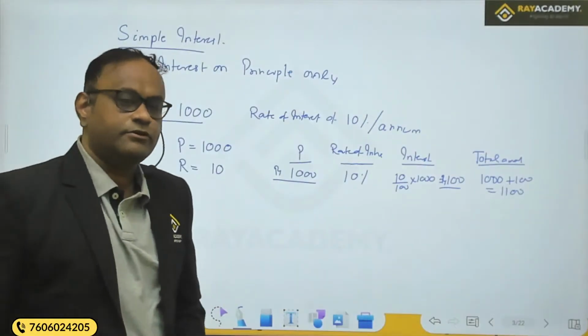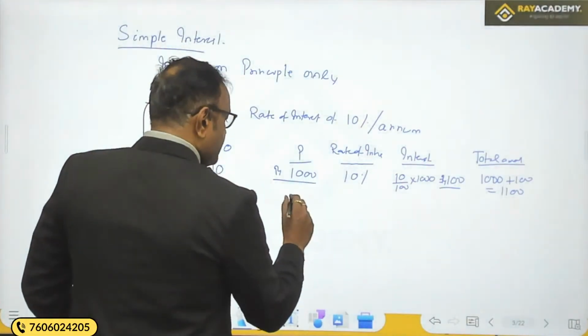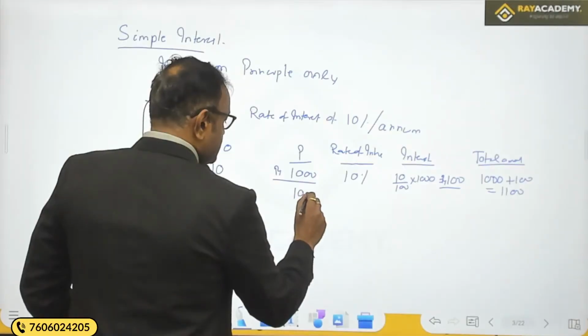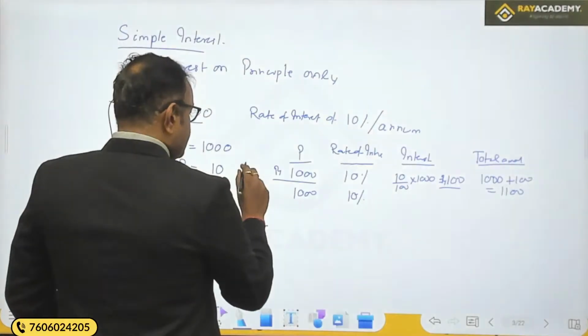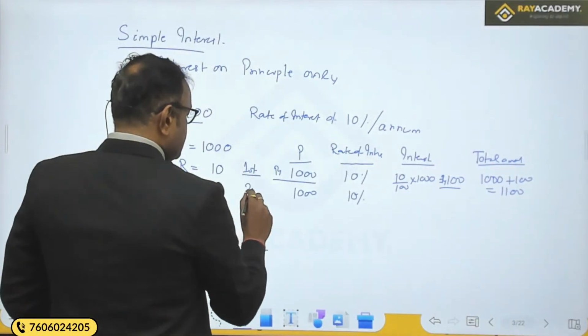Suppose you invested for 2 years. The principal will not change, the principal remains the same. Rate of interest of 10% is given. So this is the first year, and this is the second year.